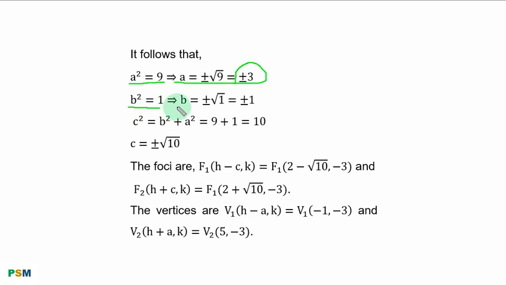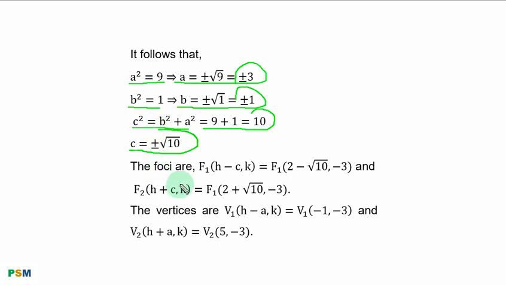This implies b is equal to plus minus square root of 1. You have this result. C square is equal to b square plus a square. That is 9 plus 1 equal to 10. Therefore, c is equal to plus minus square root of 10.